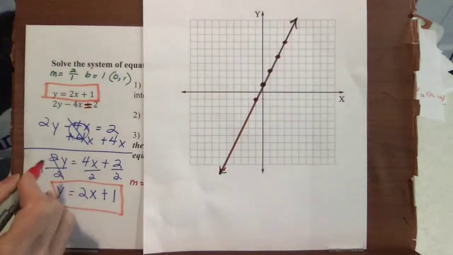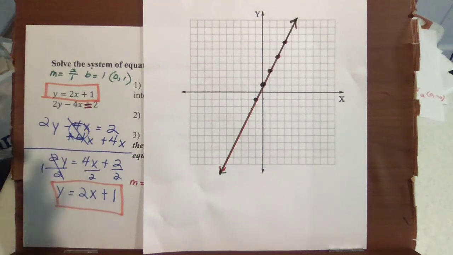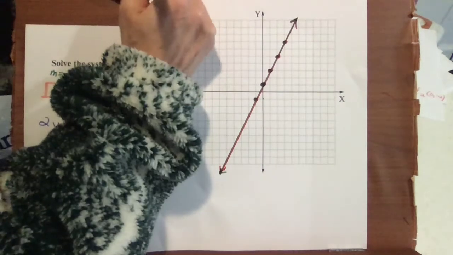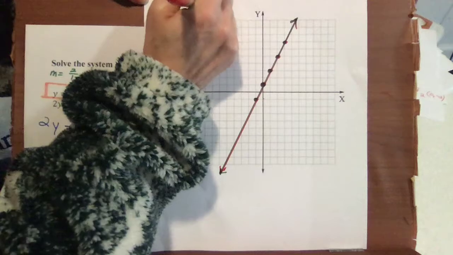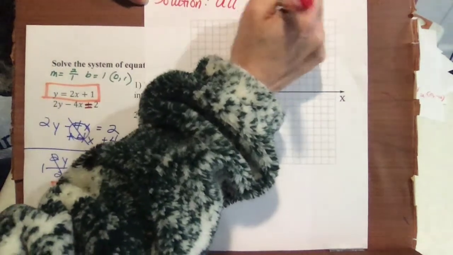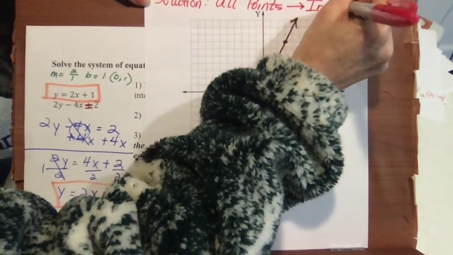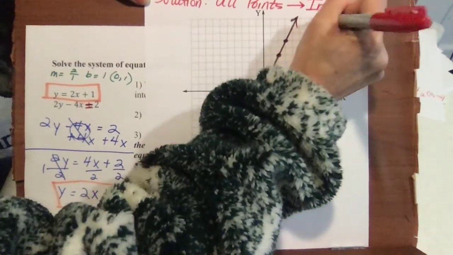And so your solution is every single point on the green and red line, on both of these equations that touch. So the solution is all points, all real numbers. So we say that it's infinite. That's the more sophisticated way to say that. It's infinite solutions.